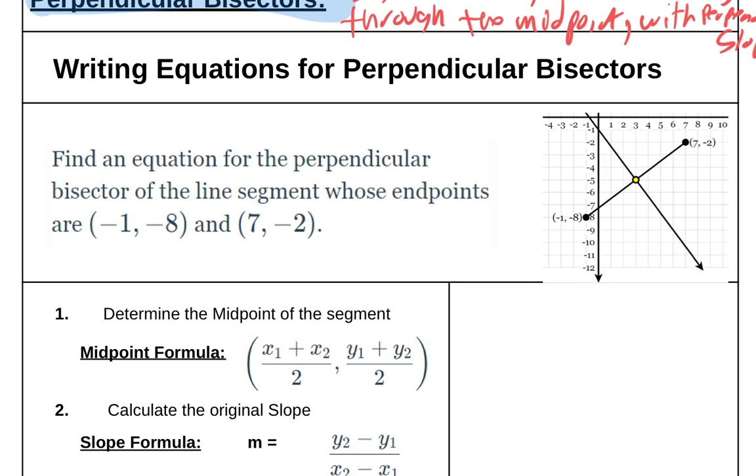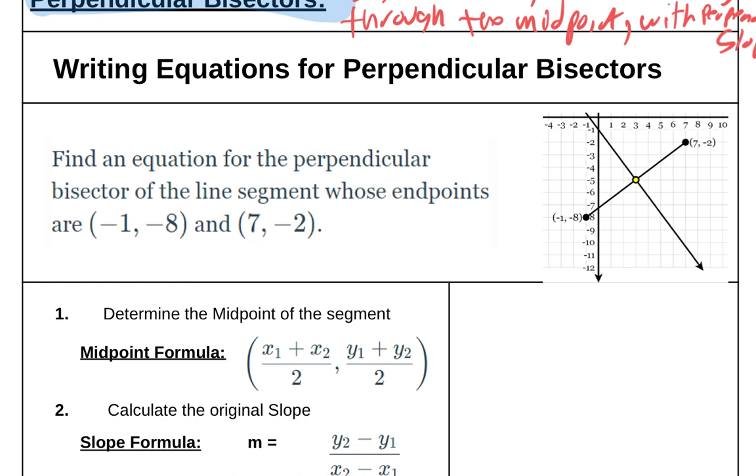Okay, so if we look at this line right over here, this line right over here is a perpendicular bisector.